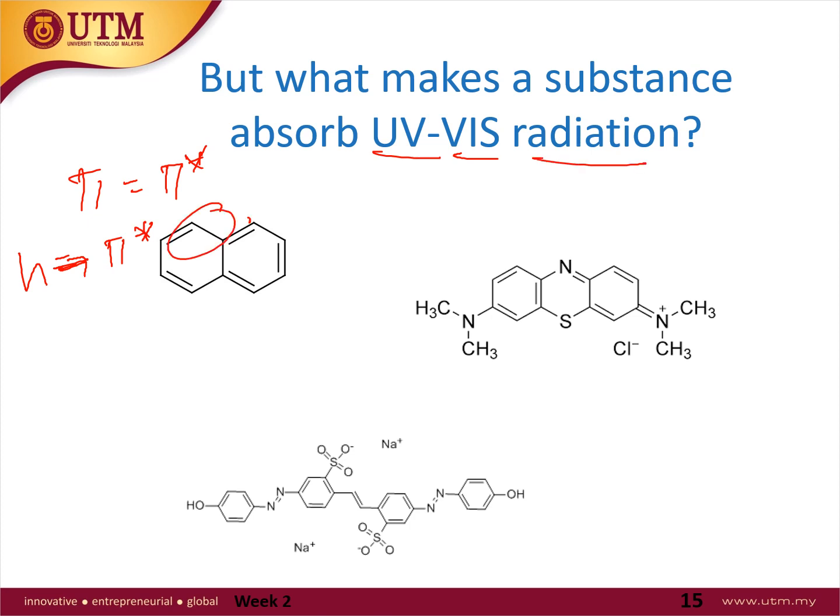So here there are double bonds, and you see that they are conjugating. Conjugation helps the compound to absorb more radiation. When you absorb more radiation, it means that the molar absorptivity, or the epsilon, is higher.